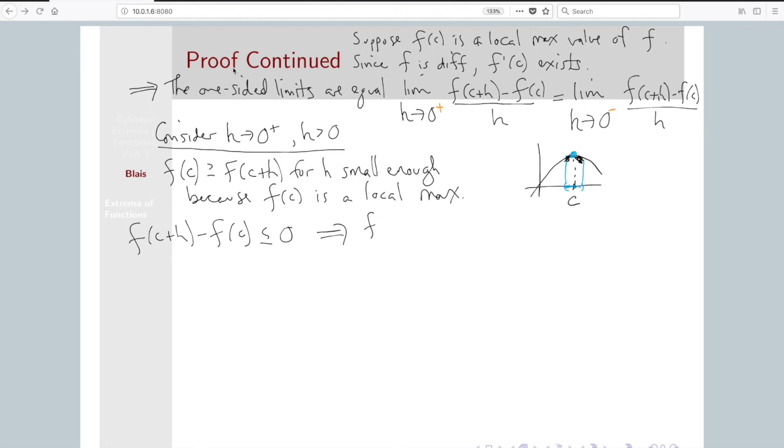So that means f of c plus h minus f of c all over h is also less than or equal to 0. Okay, now take limits of both sides of this inequality.